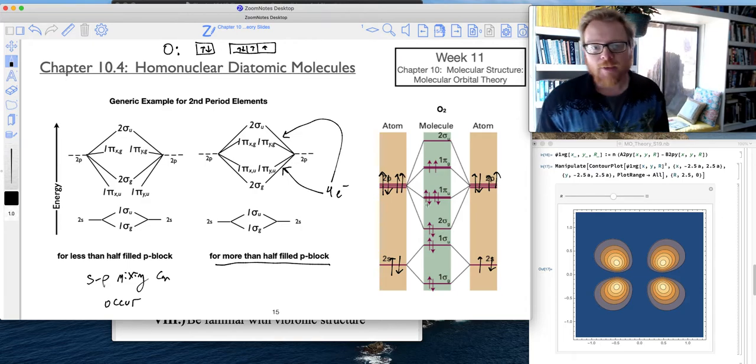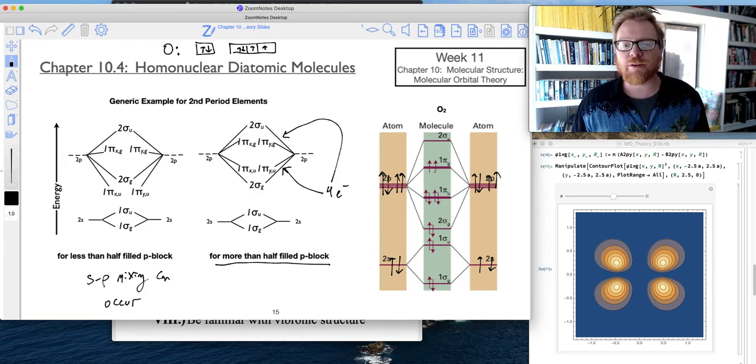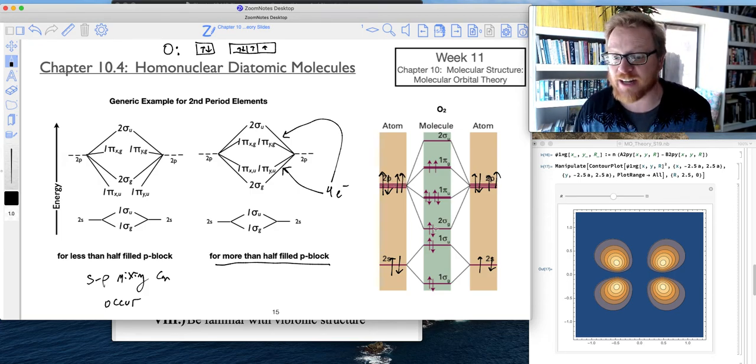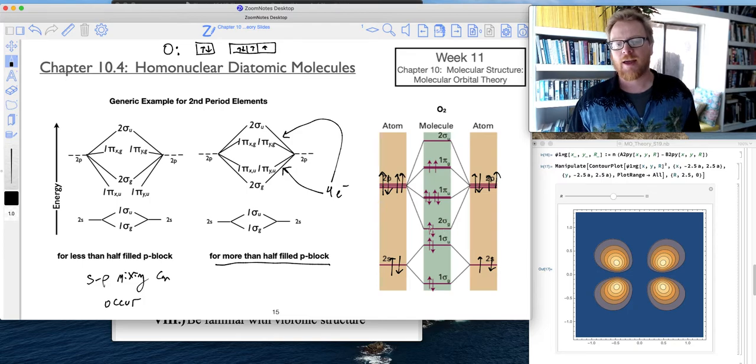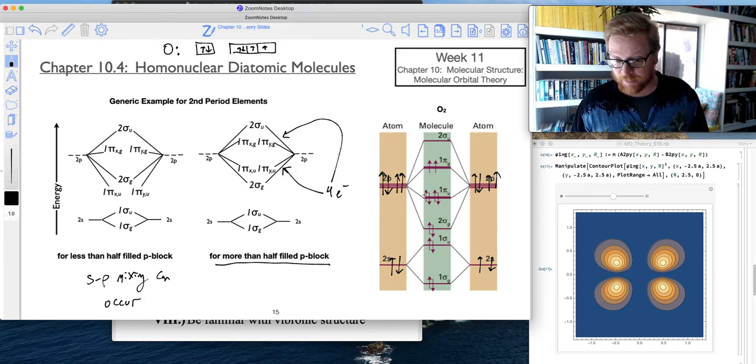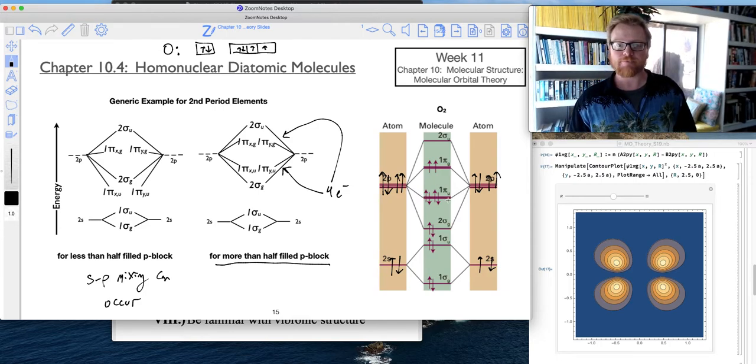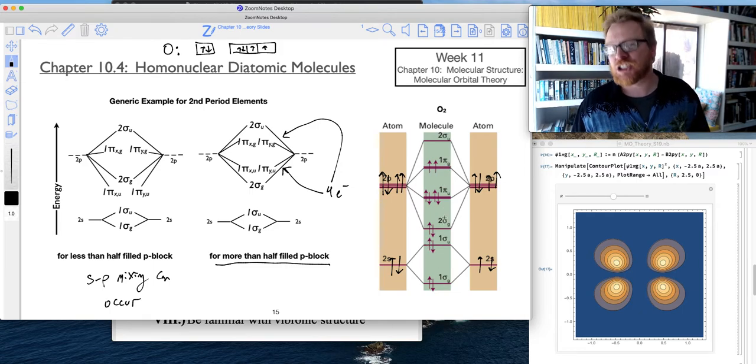I'm going to have 8 electrons that I can populate in here. That's going to go 1, 2, and then I'm going to be able to put 4 in this 1 pi u, and then that leaves me 2 more in the 1 pi g.